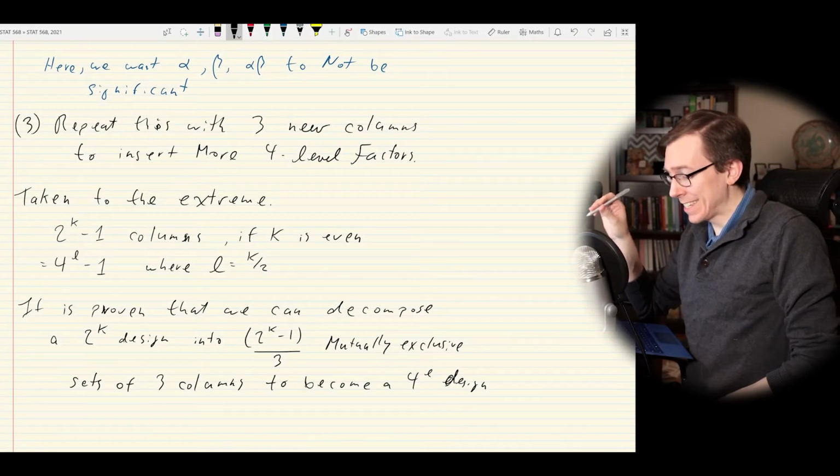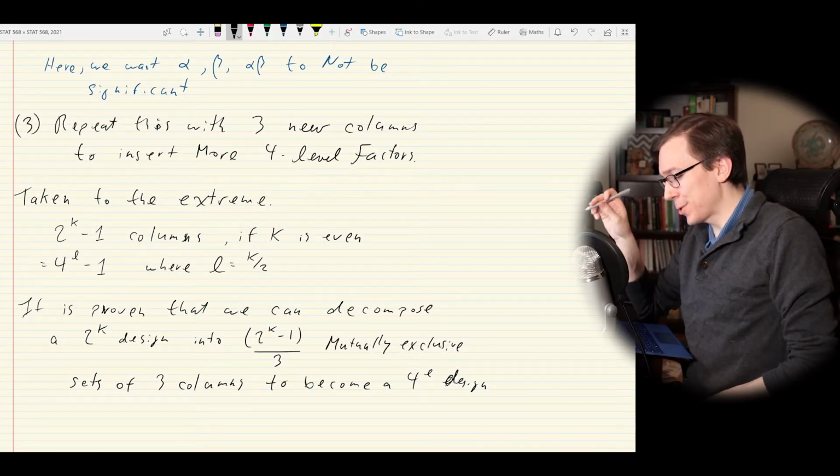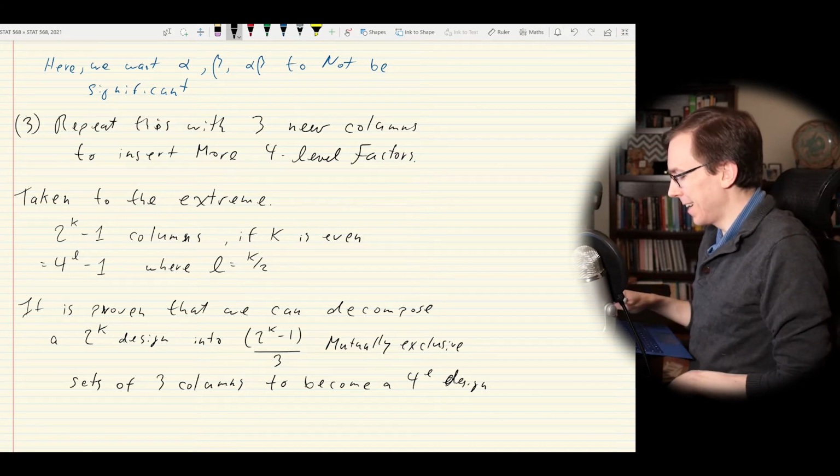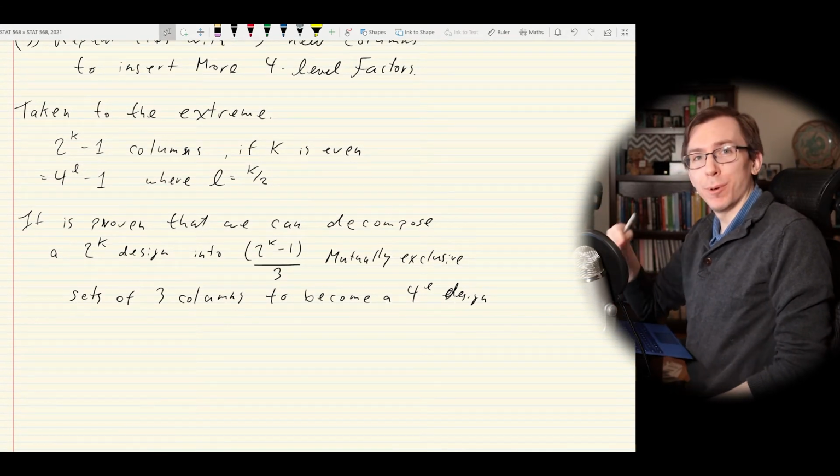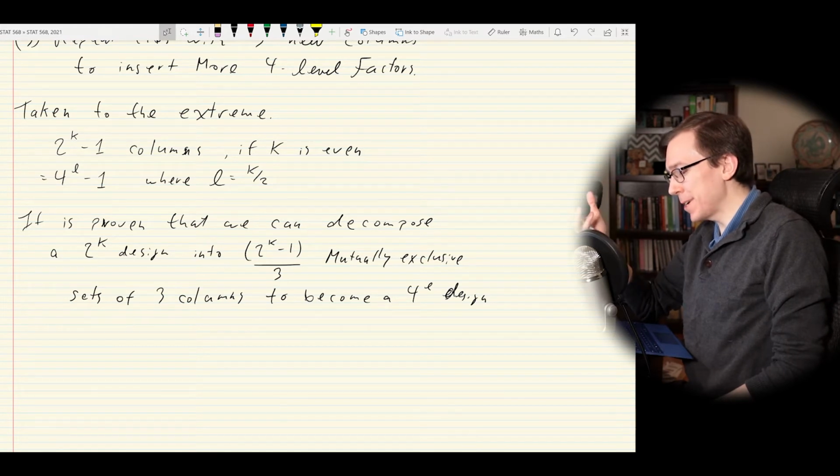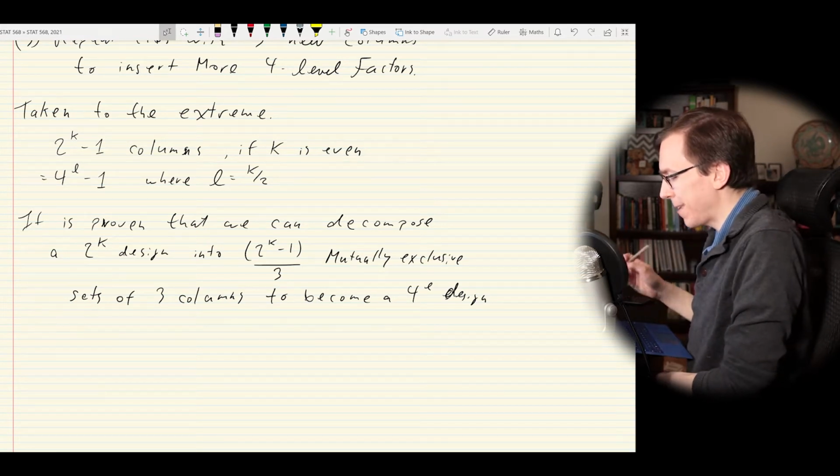All right, so the idea is that if we start with a 2 to the K design where K is even, then we can keep pulling off groups of 3 columns to replace with 4-level factors.